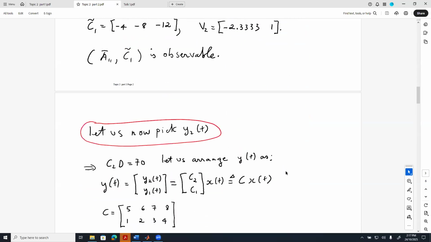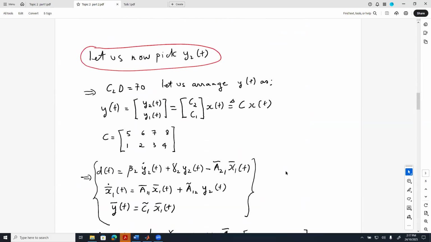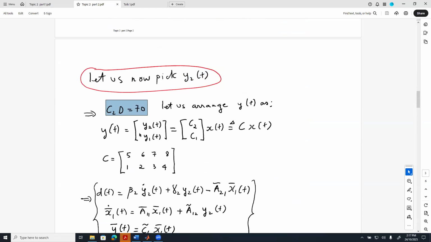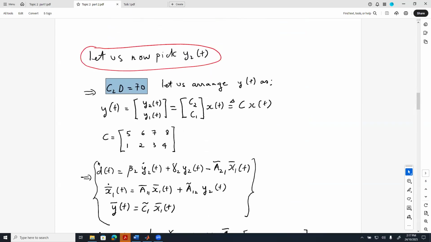If we use the second output measurement Y2 of t, this can be done because that still gives us a non-zero value. So we can then rearrange the output vector, and then we can proceed with the normal process. We obtain the disturbance expressed in terms of output measurement Y2 of t.